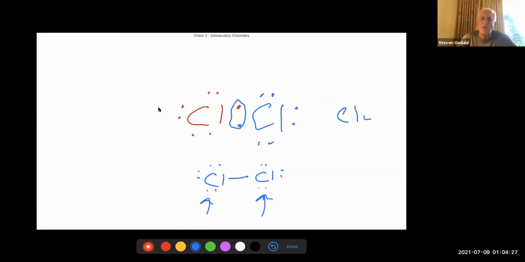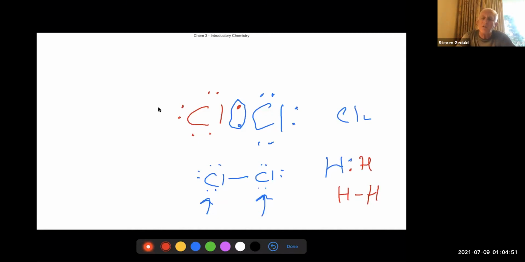So hydrogen follows the duet rule. Hydrogen only wants 2 electrons to be stable. So hydrogen gas is H2, and each hydrogen has 1 electron that it shares. So hydrogen has 2 electrons, and it's stable. All the other elements follow the octet rule. Hydrogen is very stable with just 2.